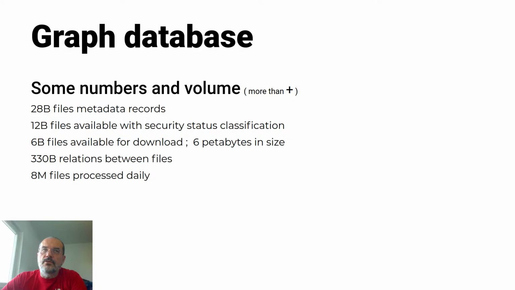It is a huge graph system of relation connections between files. About 8 million files are processed each day, so they form about 10 times more interconnections between them. So that number of relations between files in our system continuously increases.